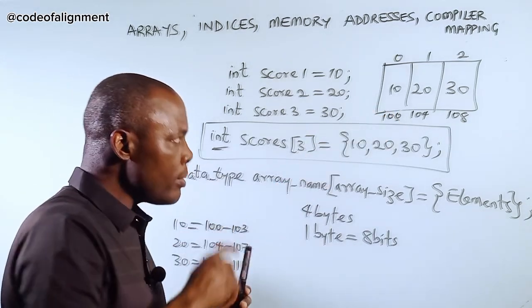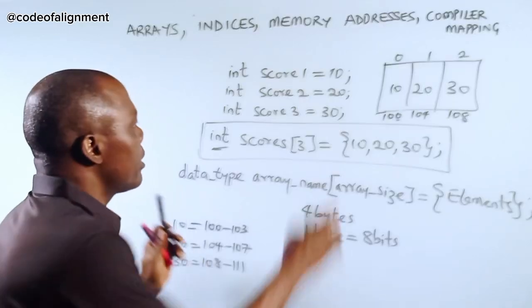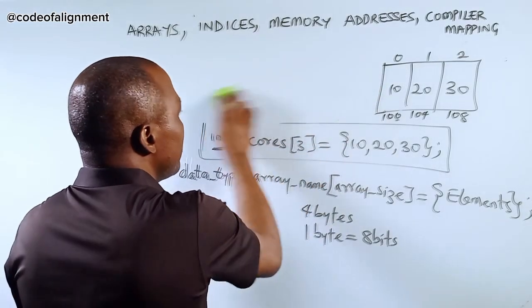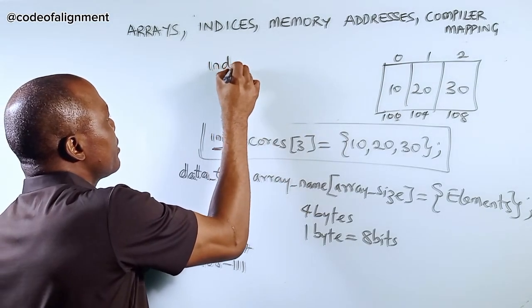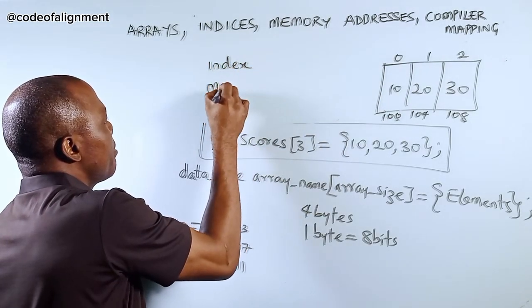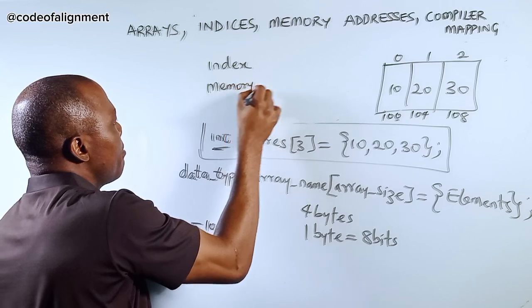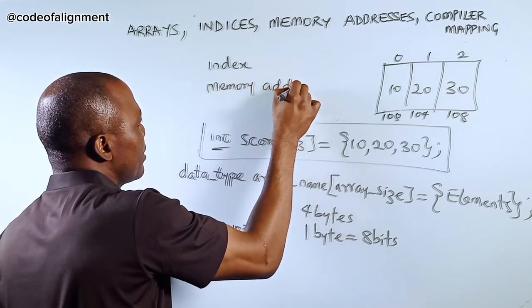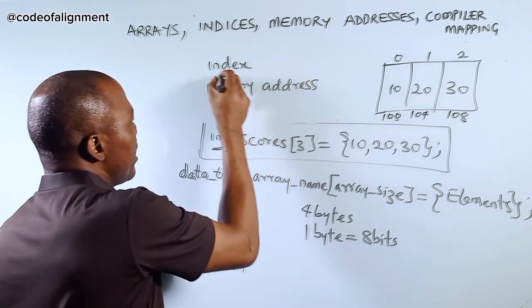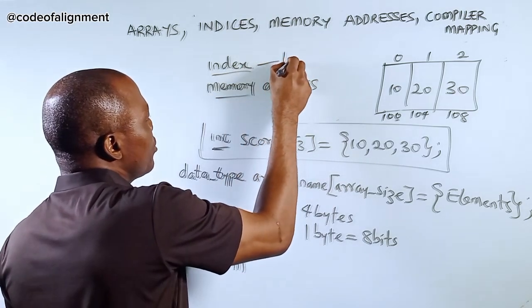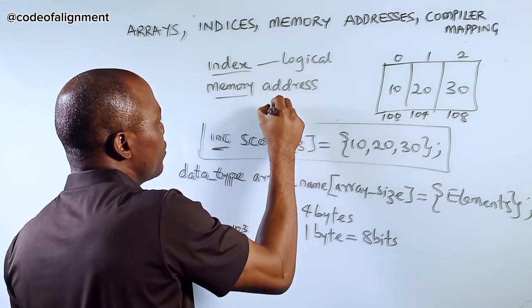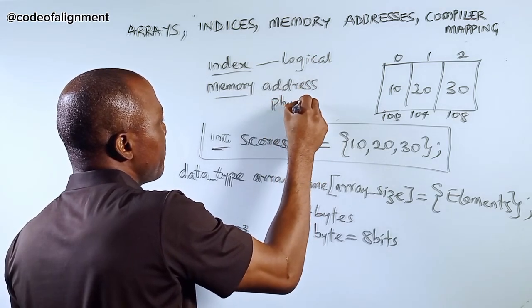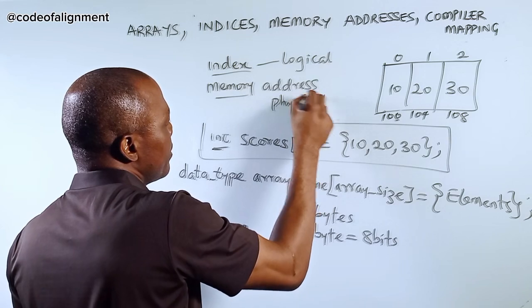Now, the difference between this index and memory address, right? This is a logical layer, and this is a physical layer, right?